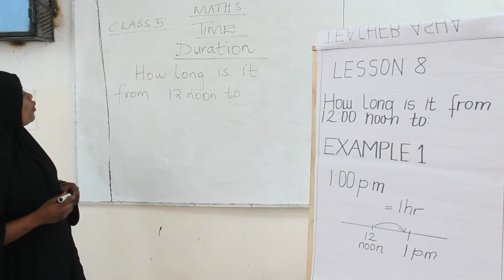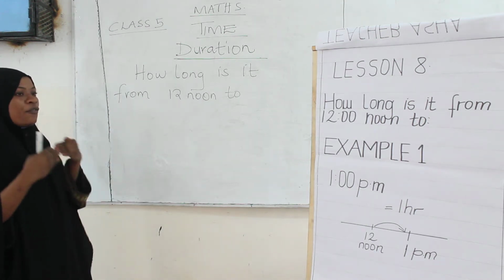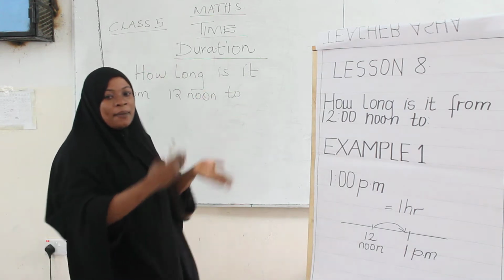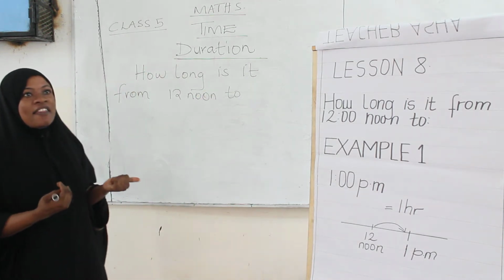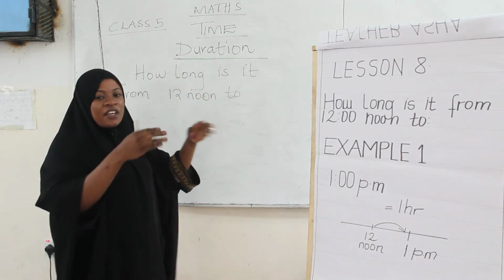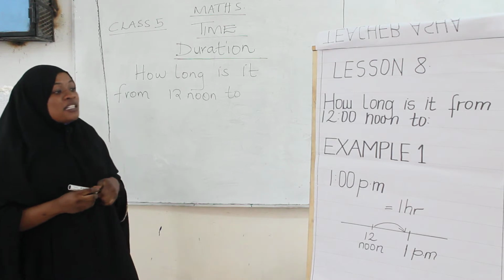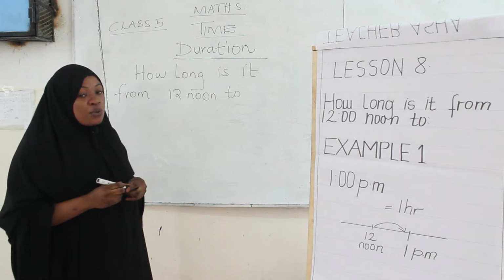When we say how long is it from 12 noon, it means we are starting from noon to the time given. And we said earlier that when we are calculating from a given time to another given time, that is what we refer to as duration.